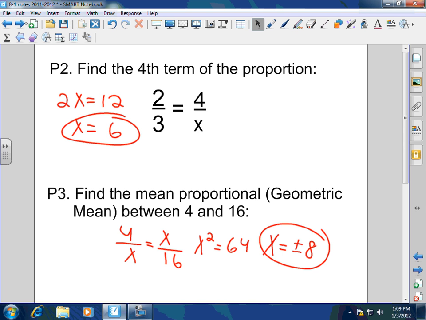But if I had x plus 3, and x is negative 8, well, then you're out of luck, because negative 8 plus 3 would be negative 5, and you can't have a side that's negative 5. So you'd have to plug it in when you get these two answers, if we're dealing with figures. If I just straight up tell you with numbers, then there's plus or minus.